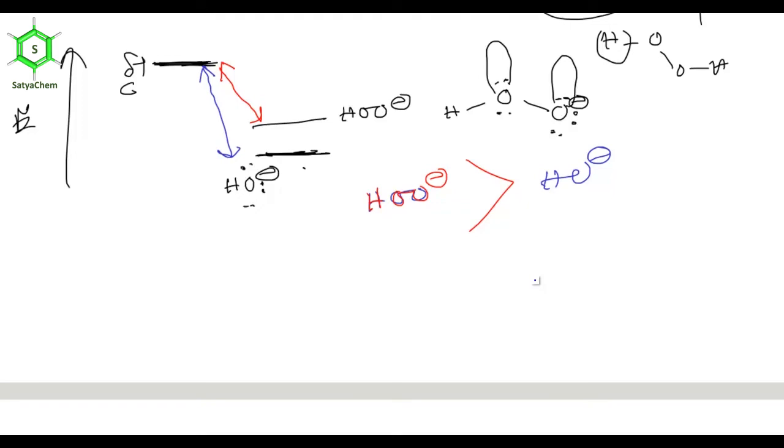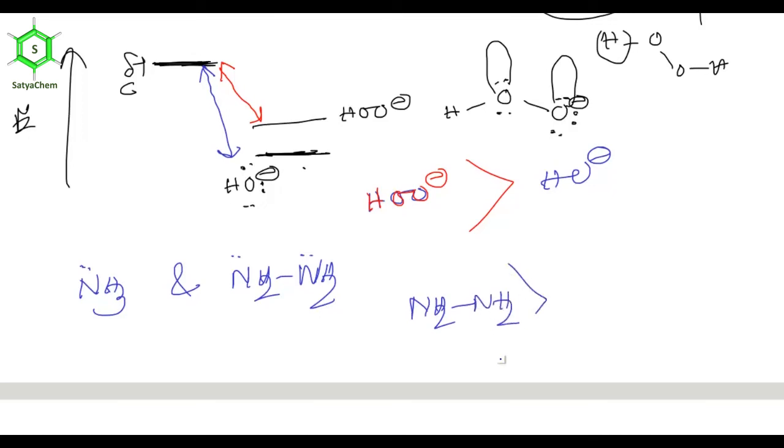Try to draw this energetic diagram by yourself for NH3 and NH2NH2. In NH2NH2 also you will have lone pair repulsion, but in NH3 there is no lone pair repulsion. So that is why hydrazine is more nucleophilic than ammonia.